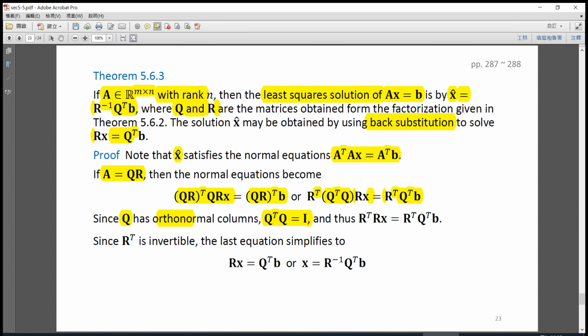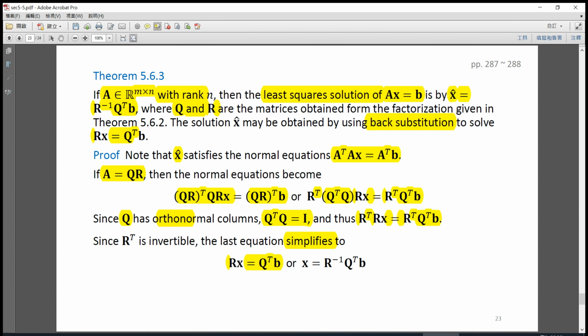Hence, the above equation becomes R transpose Rx equals R transpose Q transpose b. Because R is upper triangular and non-singular, the last equation simplifies to Rx equals Q transpose b.